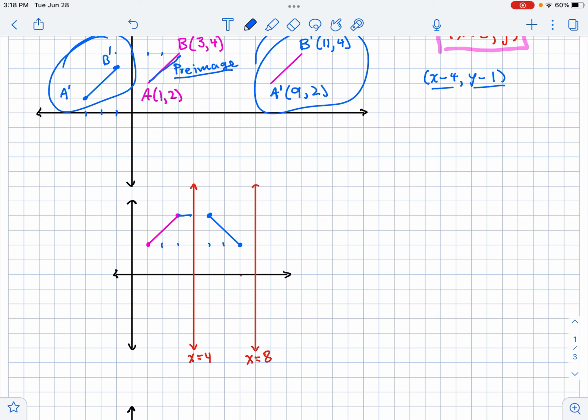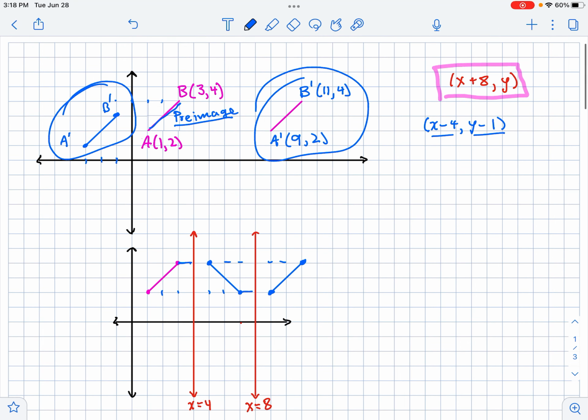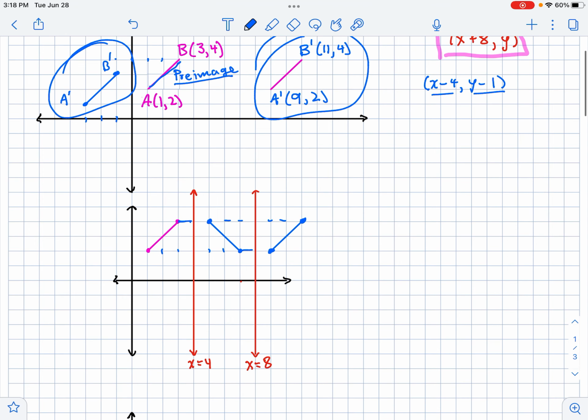Now, let me in turn reflect that in the x equals 8. So look, I go over 1 here, I'm going to go over 1 here, and then 3 up here. 1, 2, 3. I get this. Okay? Now, dig this: since x equals 4 and x equals 8 are parallel lines, notice that process worked out the same as if we just shifted it over.